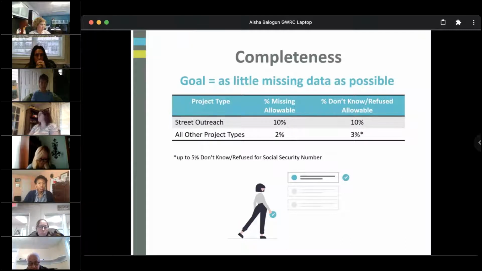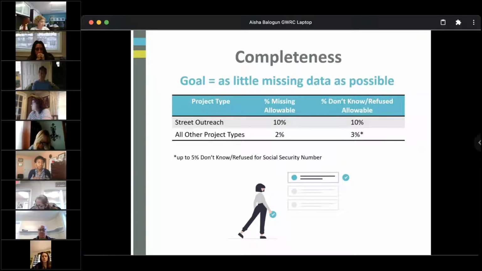So next, completeness. Of course, the goal is having as little missing data as possible so we can get as full of a picture as possible. And like we talked about on the previous slide, the HCIS policies and procedures actually mandates certain levels of allowable missing data and allowable don't know or refused answers.